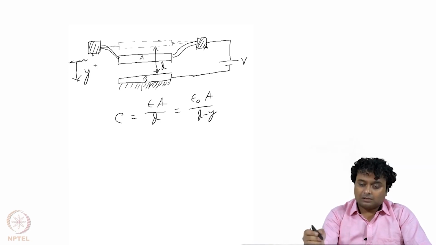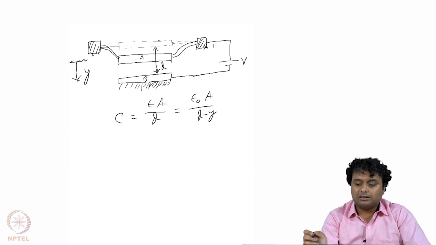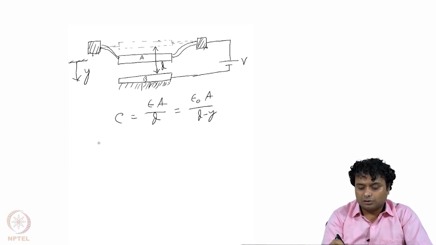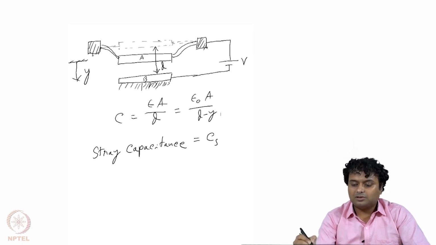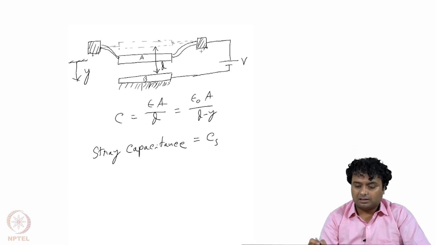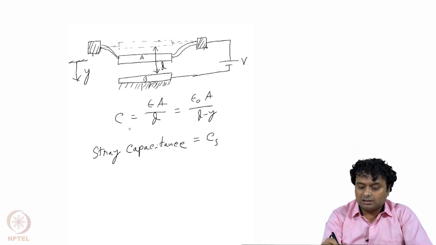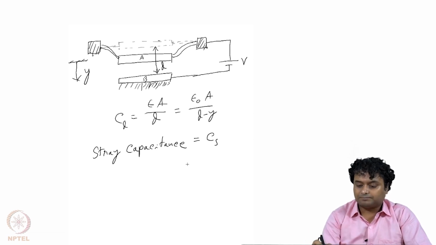Now because of the external circuitry, the contacts and everything else, there is some stray capacitance, so let us call that stray capacitance Cs. And this is the device capacitance CD.